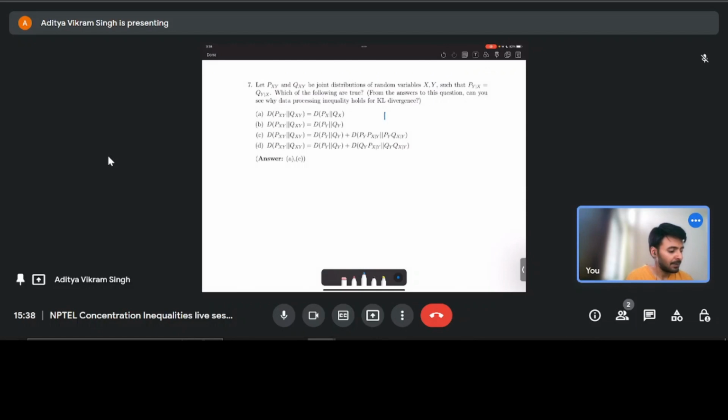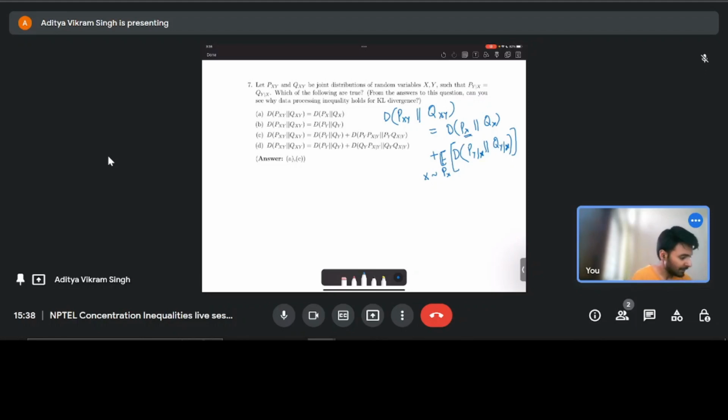We have D(P(x,y) || Q(x,y)), which is D(P(x) || Q(x)) plus D(P(y|x) || Q(y|x)). You'll have to do this for every x. This second thing is a random variable because it depends on x, and so you have to take the expected value of this, where x comes from P(x), the first thing here.